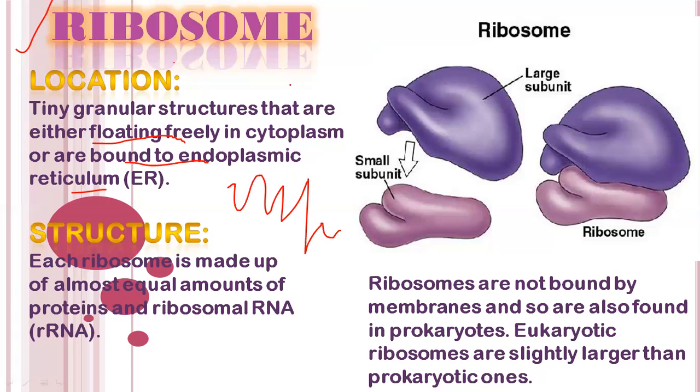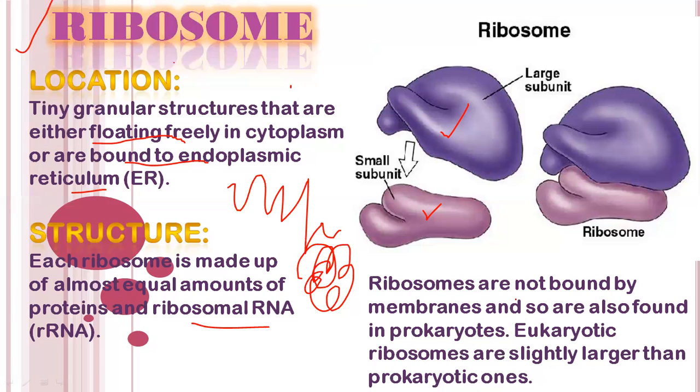But when it is in need of its function, it gathers around like this, and they form two subunits. One is the smaller subunit and the other is the larger subunit. That is formed by ribosomal RNA and proteins. Like chromosomes are formed by DNA and proteins, ribosomes are formed by ribosomal RNA and proteins.